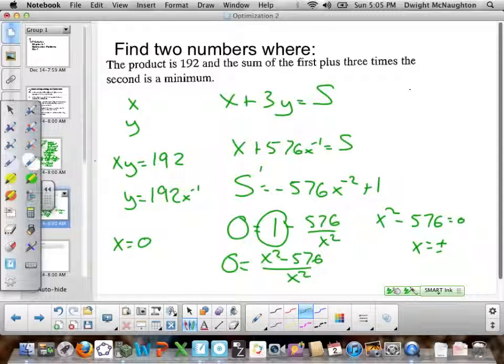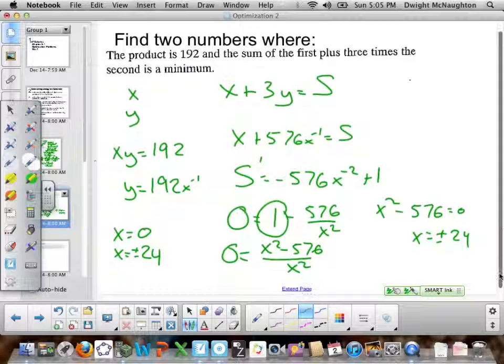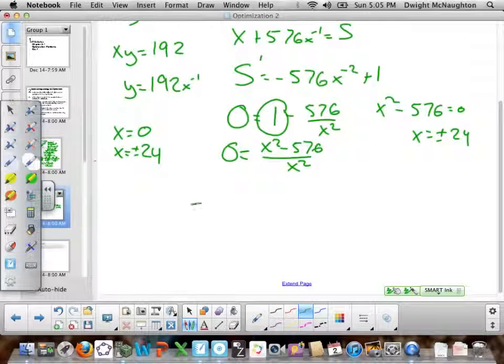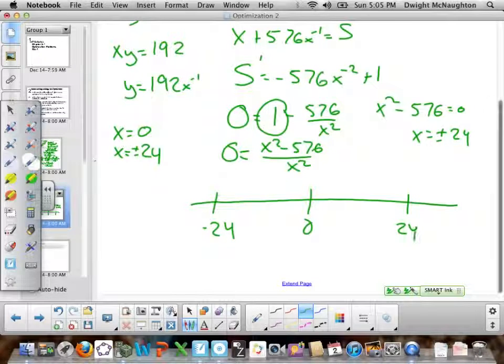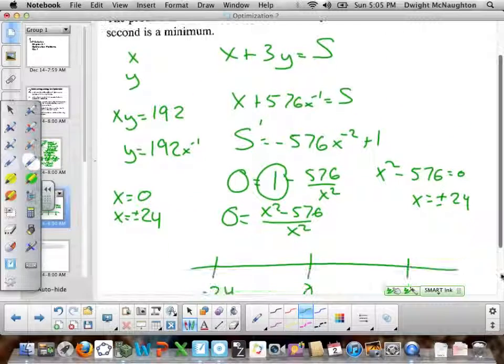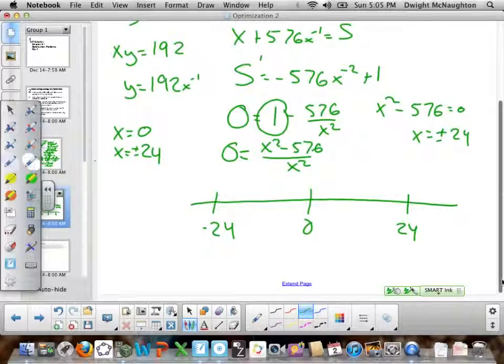So x equals plus or minus 24. Do a sign chart: negative 24, 0, 24. We want it to be a minimum, so we're looking for a minimum.